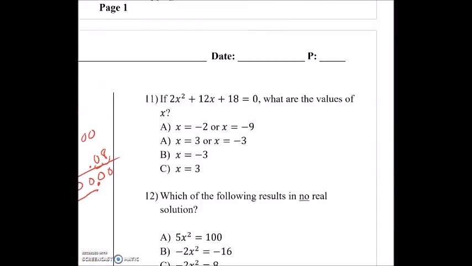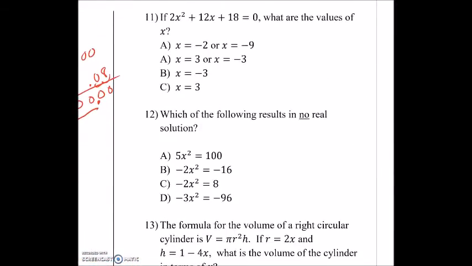Now, when we look at this question, we're trying to solve for x. Please understand that all these numbers are divisible by 2. So when we divide 2x squared by 2, we have x squared. When we divide 12x by 2, we have 6x. When we divide 18 by 2, we have a 9. Then we look at this in here.